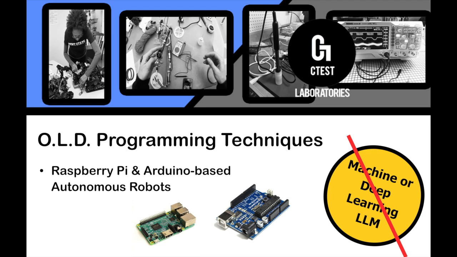But just to let folks know that the robot systems that we build will typically consist of at least one Raspberry Pi, maybe two, and almost invariably we're going to have 4 to 5 Arduinos involved. So it's a collection of microcontrollers and microprocessors together that make up the robots that we're building.